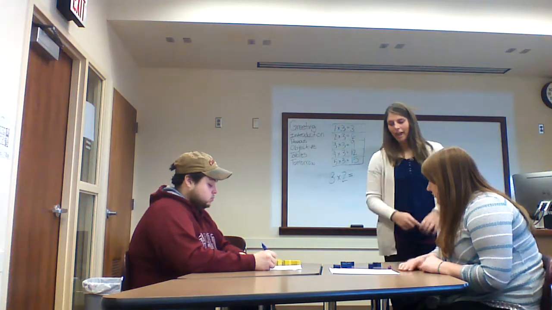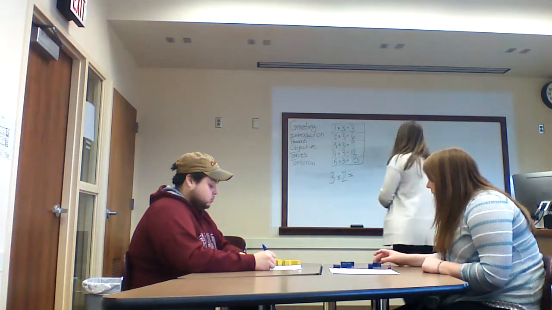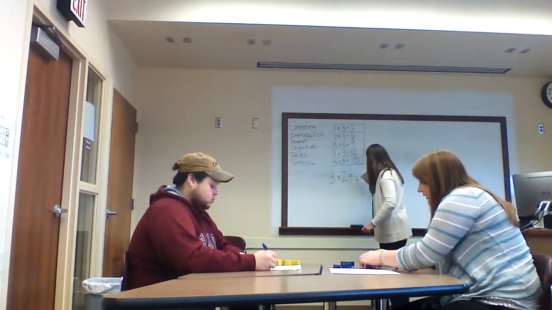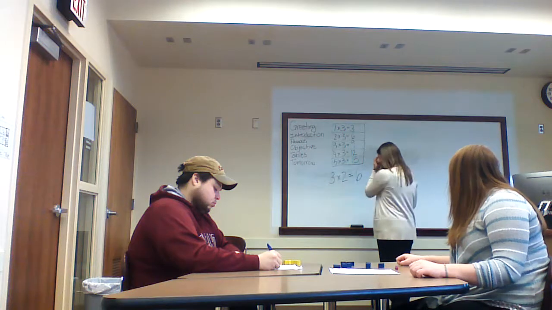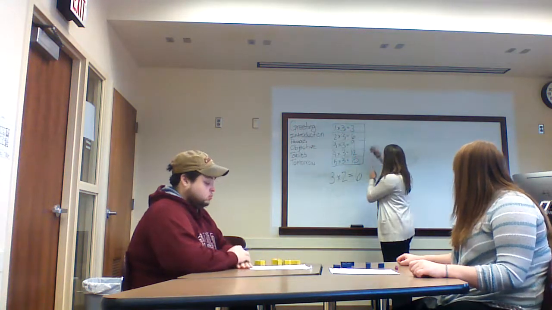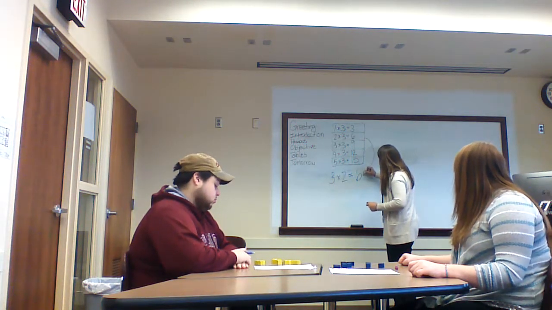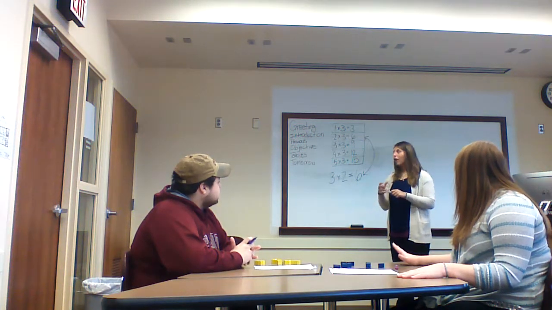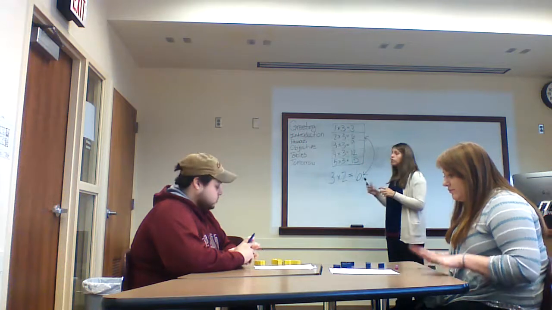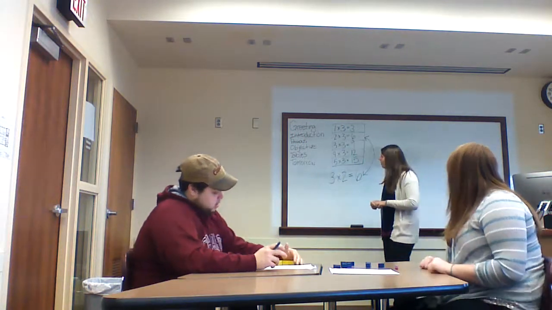So then what's the answer for that? 6. But we could also do 3 groups of 2 blocks, just like we did last week. It's still 6. Yep, good observation. So this is the same answer as this. So it can be written either way, and that could show up on the test tomorrow. So keep that in mind when you're studying for that.